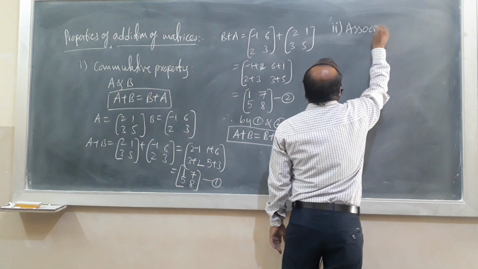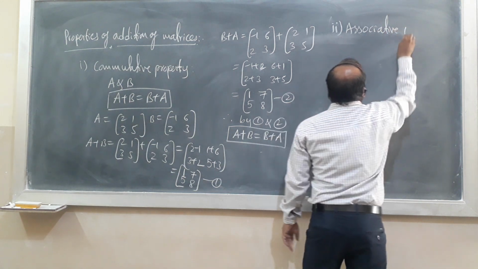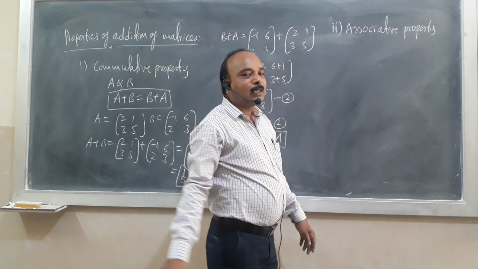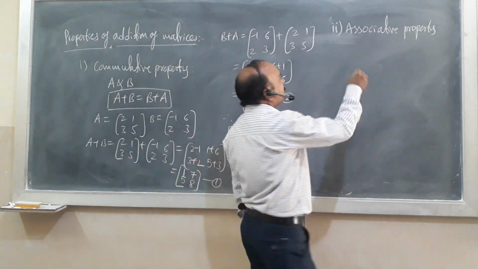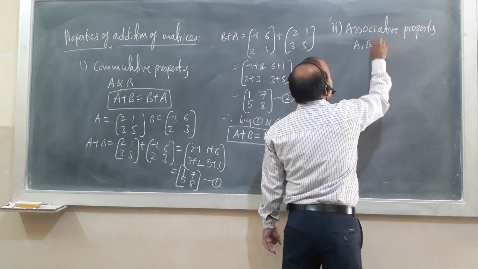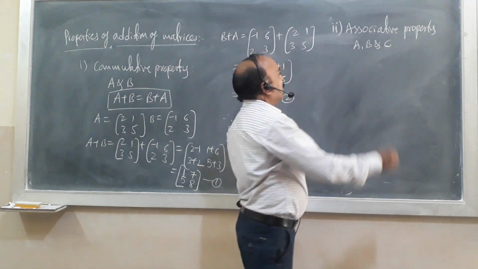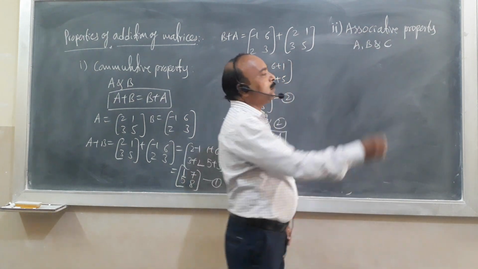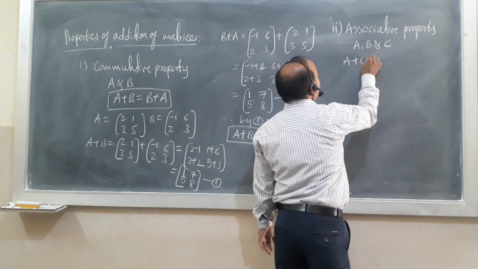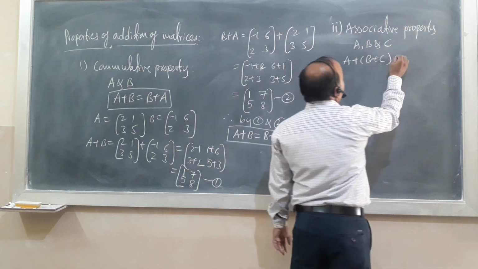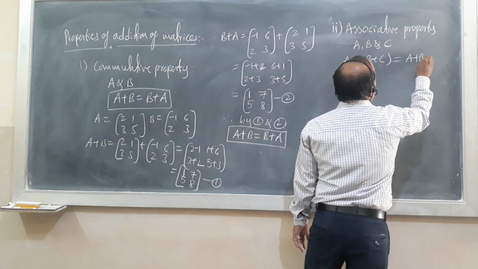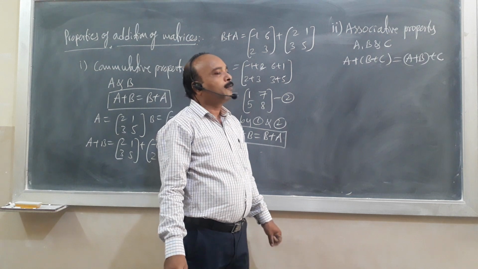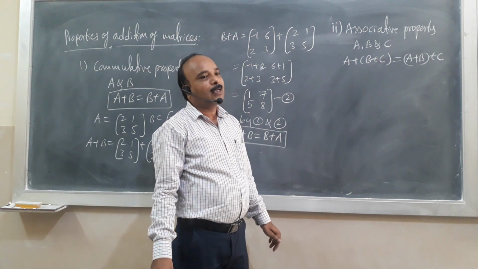associative property. Here we consider the three matrices of the same order A, B and C. At that time, the associative property of the three matrices states that A plus (B plus C) is equal to (A plus B) plus C. This property is called the associative property of addition of three matrices.